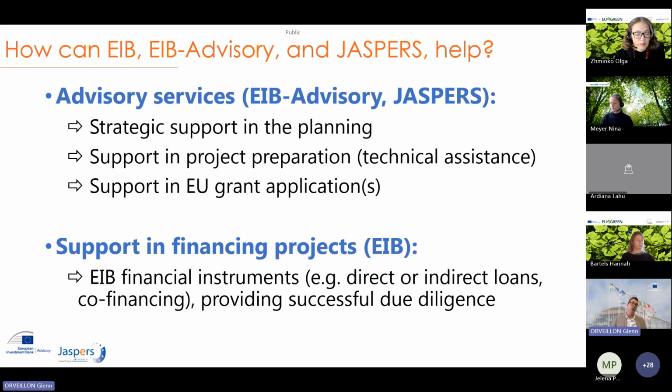On top of that, for certain projects, if you decide to apply for financial support from the EIB in addition to the EU grant, we can blend our financial support with that EU grant, provided that you pass the bank's due diligence successfully. Or, if you don't have an EU grant, we can directly provide a loan, which can be direct or indirect.